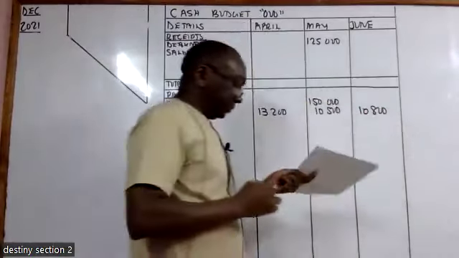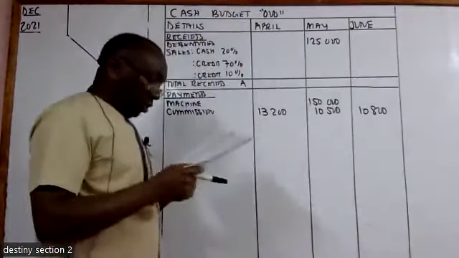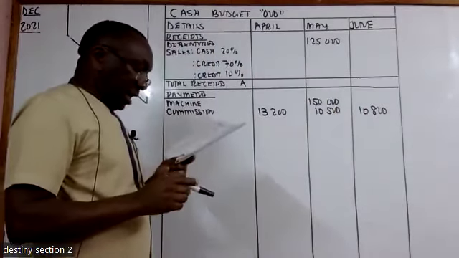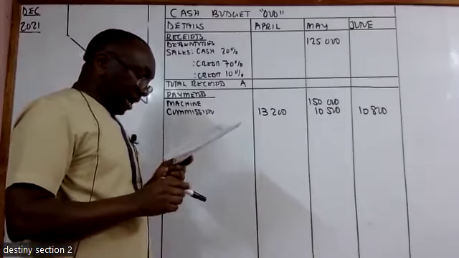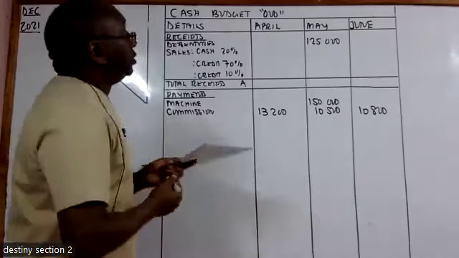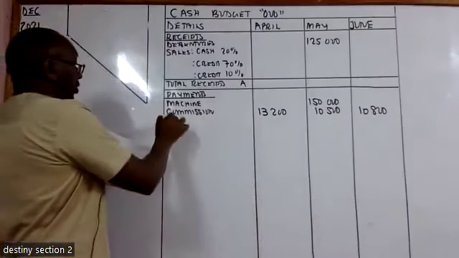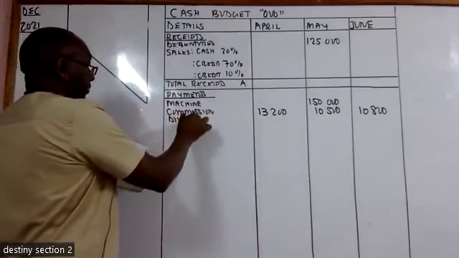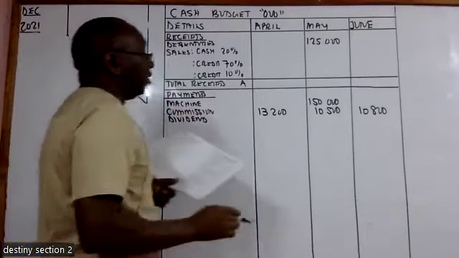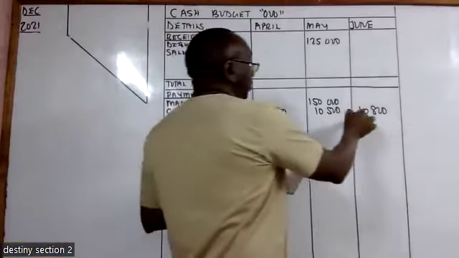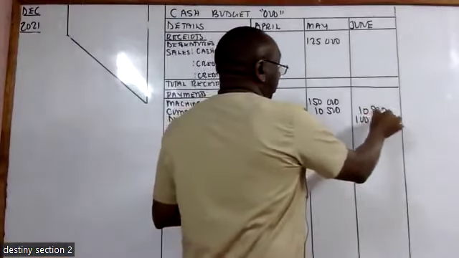So we have finished with the commission. A dividend of 100 million to be paid in June. So there is a dividend of 100 million, so 100,000.